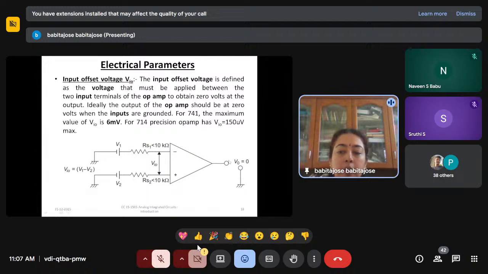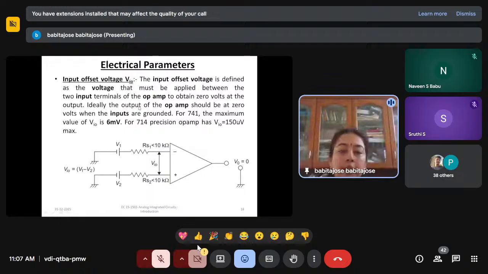VIO is the difference between V1 and V2, to make the output 0.